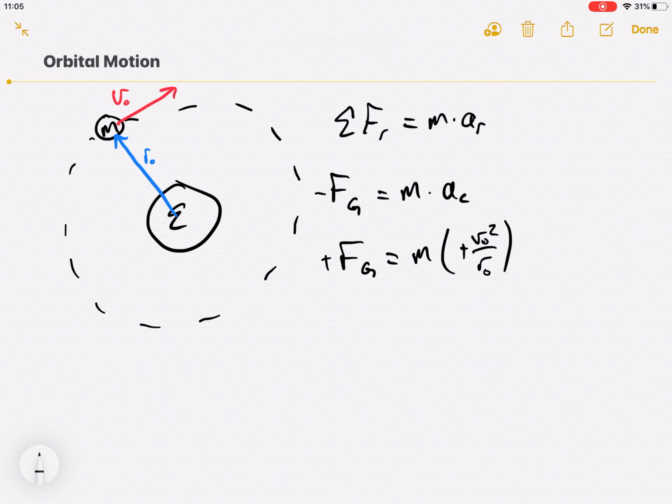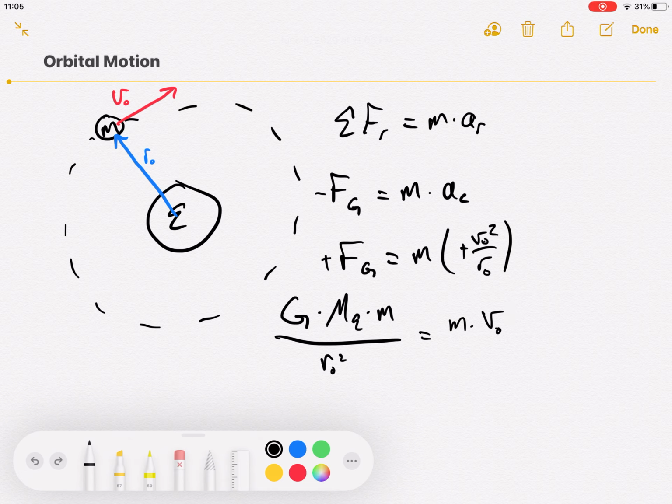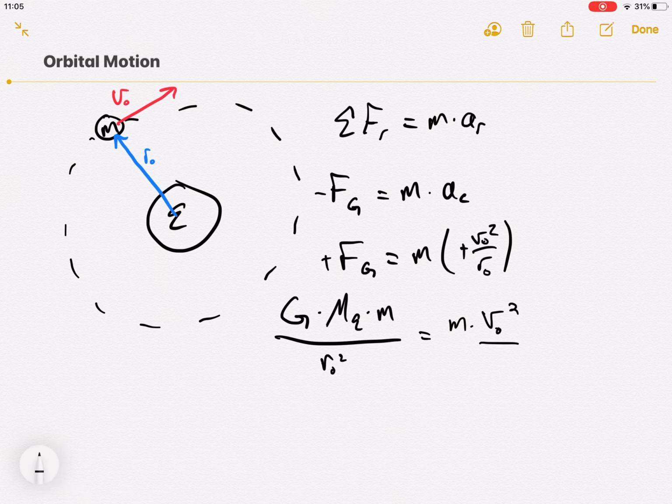All right, so I can relate the orbital speed and the orbital radius to the gravitational force, right? So the gravitational force is G times the mass of the Earth times the mass of the Moon divided by the orbital radius squared, equals the mass of the Moon times v orbit squared, also divided by the orbital radius.